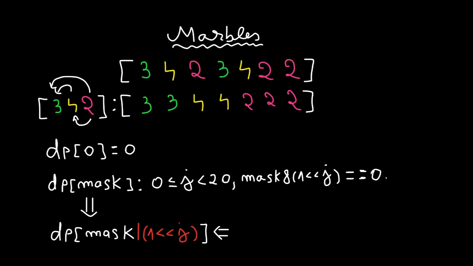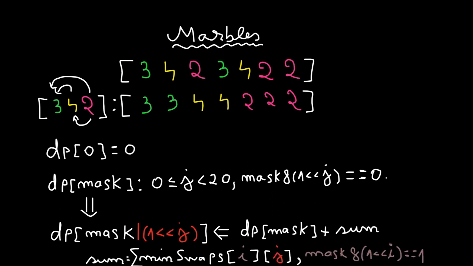And the value of the new cost is, first of all, DP of mask plus the sum of the costs given by the new pairs. And let's call it sum. So sum is equal to the sum of all the min swaps of i and j, where i is a bit set to 1 in the mask. So i is an already inserted color in the subset, and j is the new color we add.